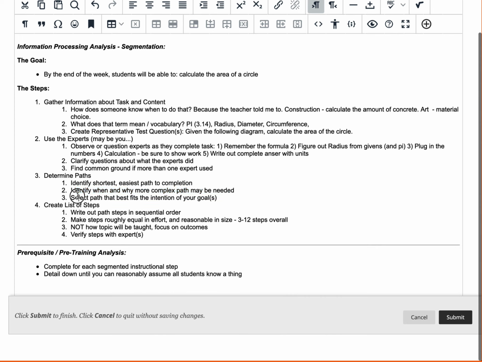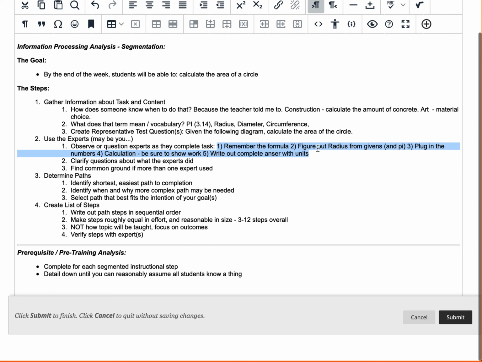So we've now got our path from watching our expert. Then the final thing would be to do your own documentation of this. And we already have it written out up here. We could probably tweak this a little bit. So writing out the path steps in sequential order: remember the formula, and you might put in that the formula is area equals pi times r squared.